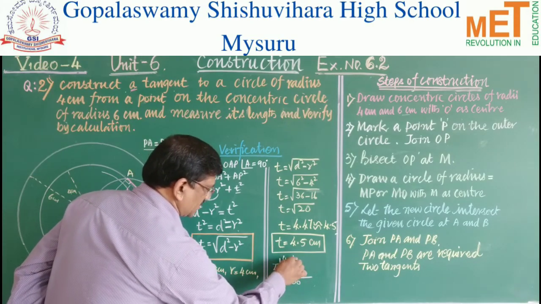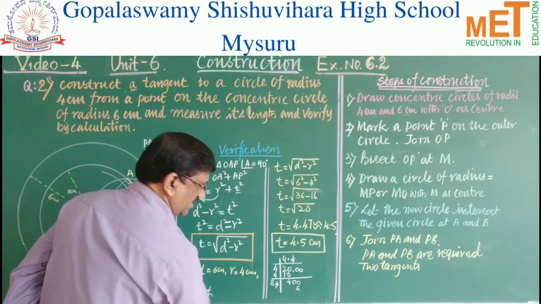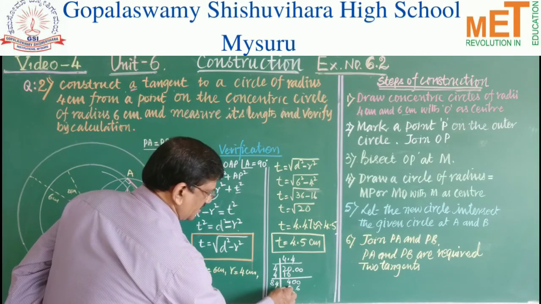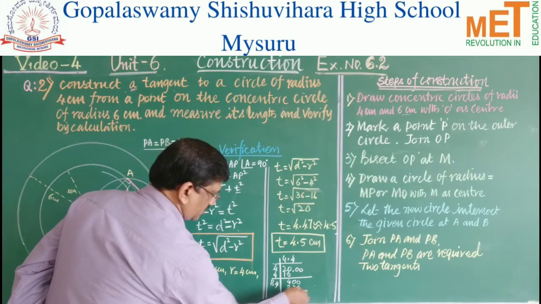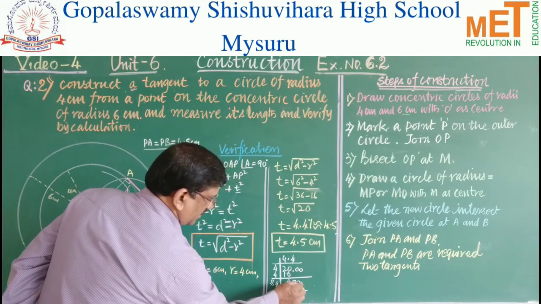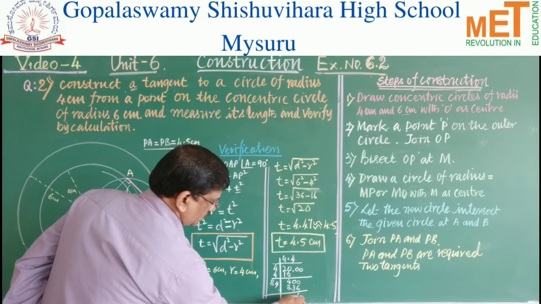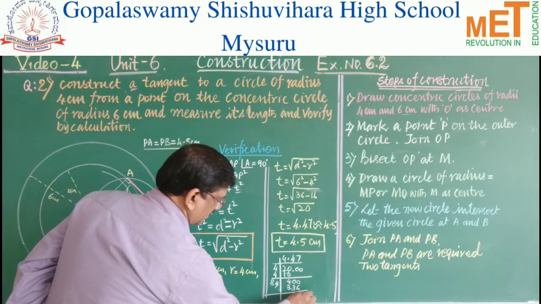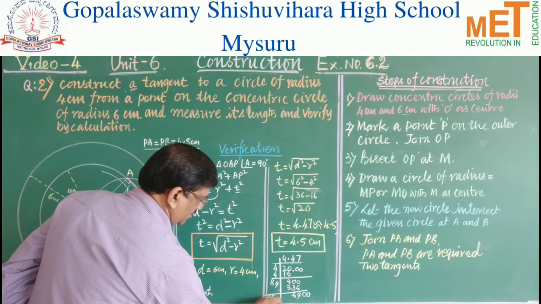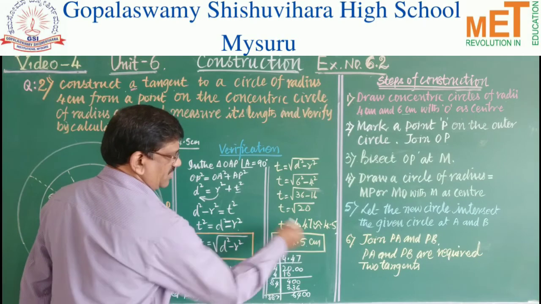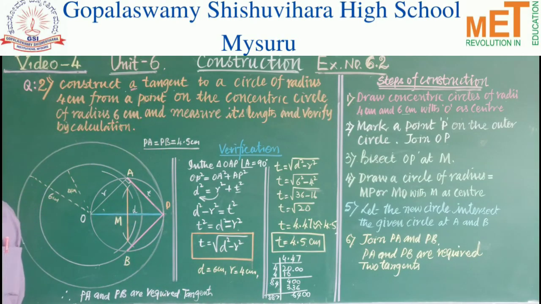I am taking 4 once again. 4 4s are 16, 1 carrying. 4 8s are 32, 32 plus 1 is 33. Now what remains here? 10 minus 4 is 6. So 7 7s you can take after taking zeros. So 8 8 7. So 4.47 it comes. It is approximately 4.5. Understood, children? Okay. Take down, children.